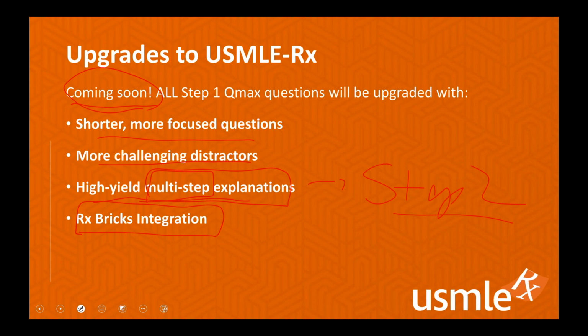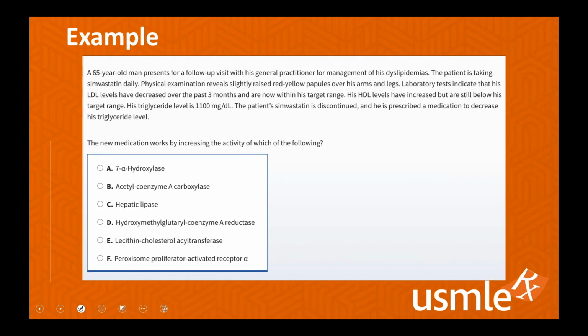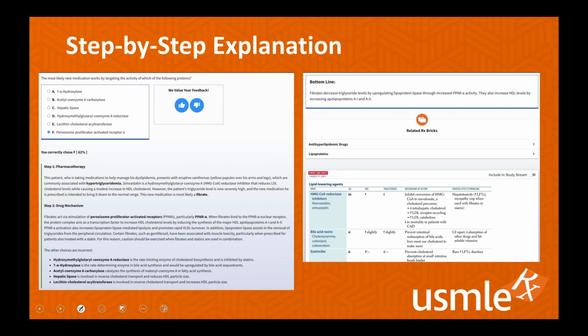So here's an example of that. Sorry, hold on, make sure I got the right one. Yeah, this is the right one. So you can see that this is actually a medium length question.